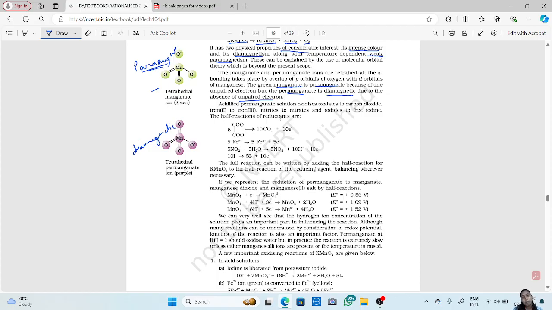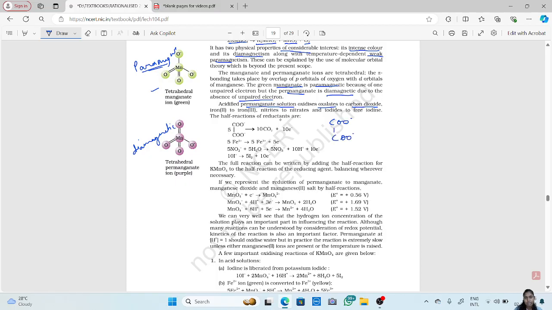Now, acidified permanganate solution oxidizes oxalates to carbon dioxide. This is an oxalate ion, COO minus, COO minus.